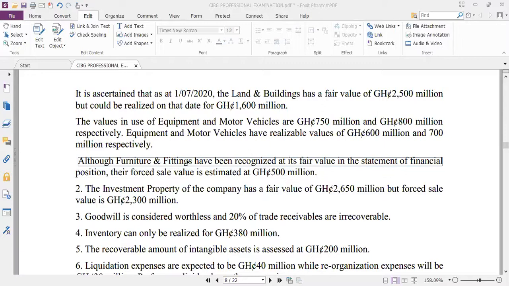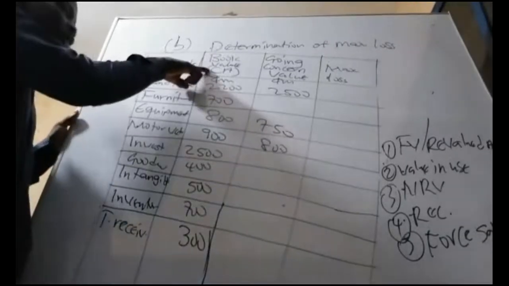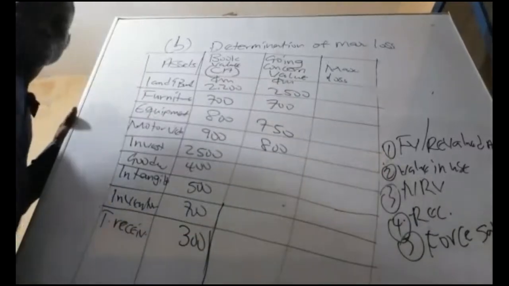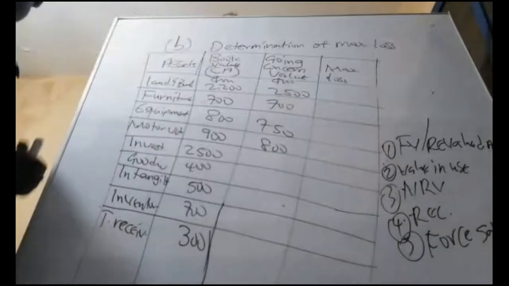So it means that the fair value is the same as the carrying amount. You pick it up in the financial position, this is a carrying amount, this is a book value. So furniture is 700. You don't need to go to the question again because these come from the balance sheet.